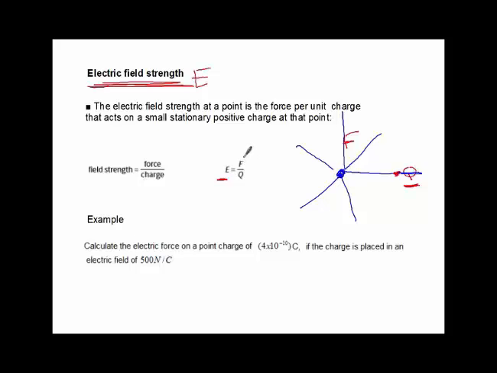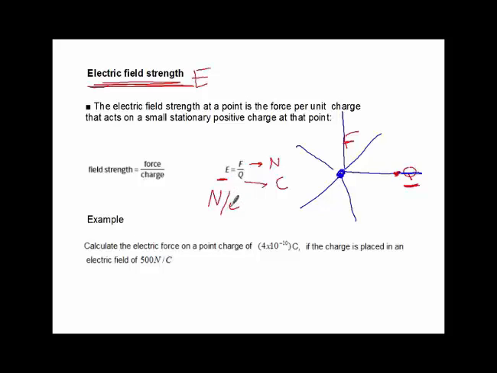Okay, so force divided by this charge will give the electric field strength at this point. Our force is in Newton, our charge is in Coulomb, so electric field strength will be in Newton per Coulomb.